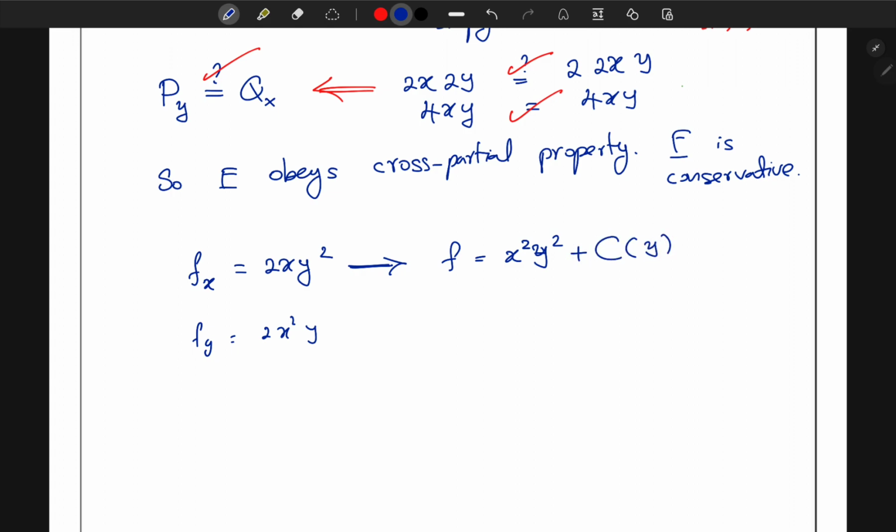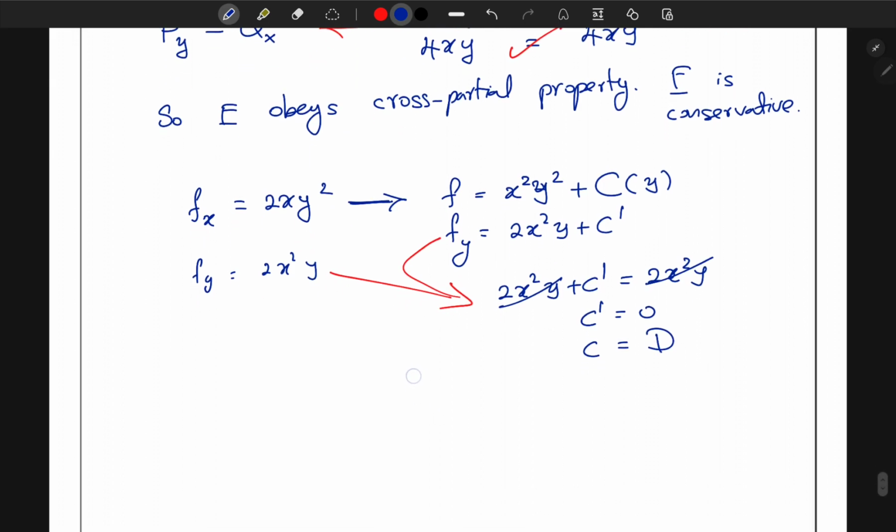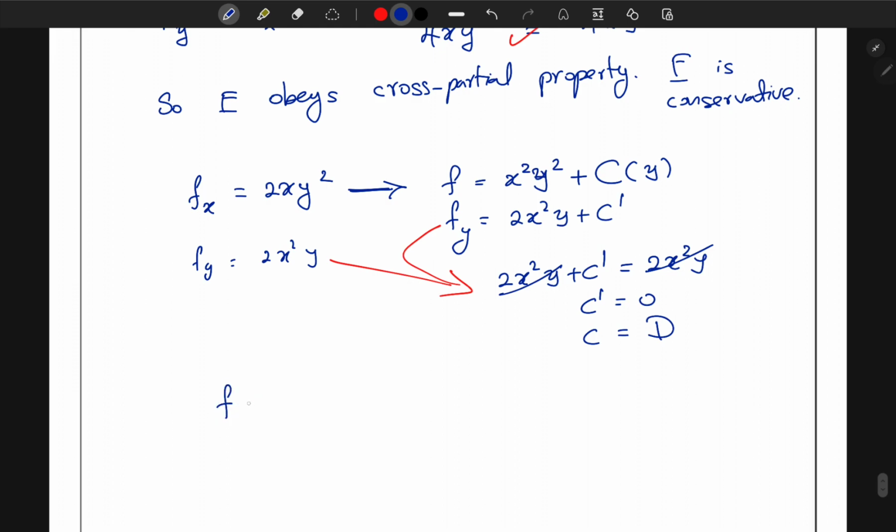That means it depends on y. Differentiate with respect to y, you get 2x squared y plus c prime. Now using these two, we get 2x squared y plus c prime equal to 2x squared y. So c prime equals 0, meaning c is just a constant. At this point, we know the potential is x squared y squared plus a constant.